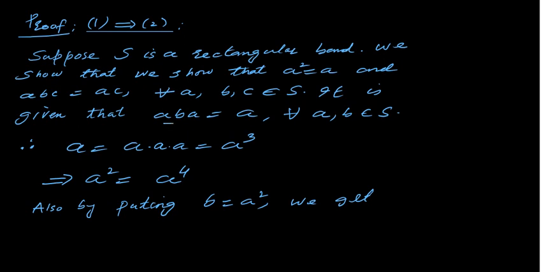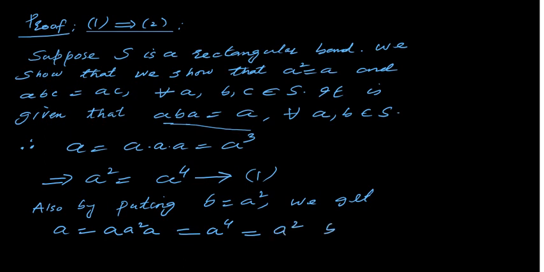B का वैल्यू हम A square लेंगे इसमें, okay? B equal to A square, so we get this A equal to A square A, which is equal to A power 4. इसका नाम आप 1 रखिए. But what's A power 4? It is equal to A square by 1. So thus A square equal to A for all A belongs to S.